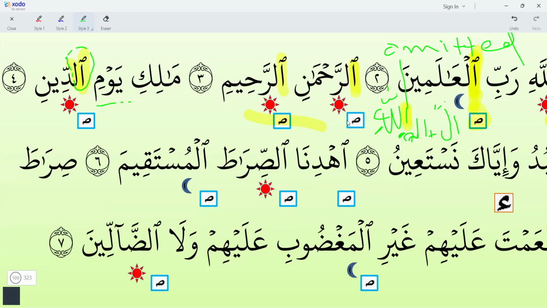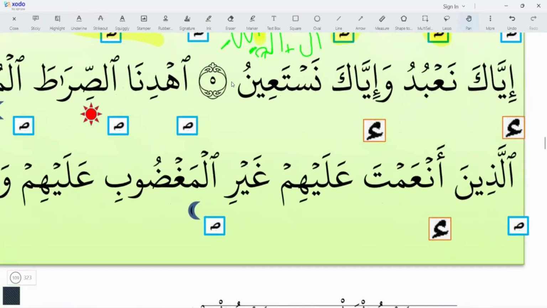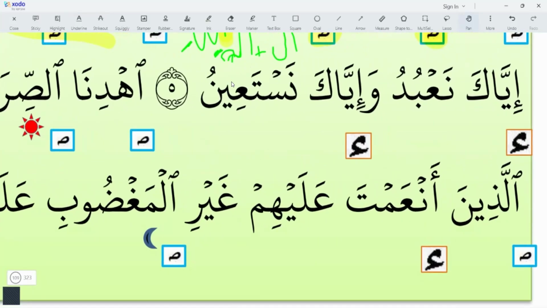So alif and lam, both we don't pronounce in the Huruf Shamsiyya, if there is a word before this. Okay, good. Okay, next ayah. Who will read? Who will read the next ayah?